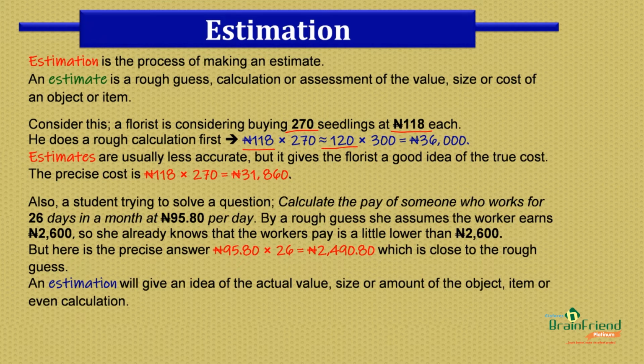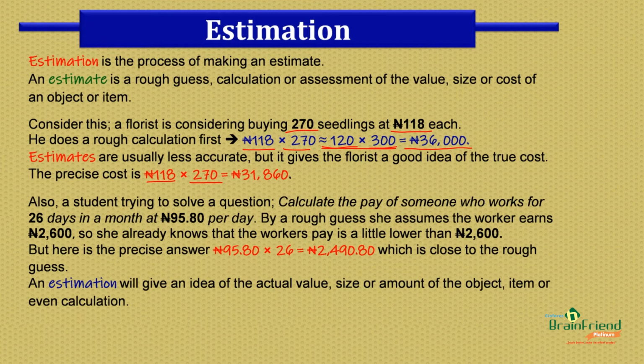And rather than just using 270 seedlings, he chose to use 300 seedlings. Now, 120 multiplied by 300 gives us 36,000. Now, this is a rough guess. It's an estimation.